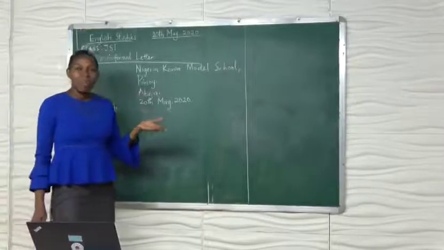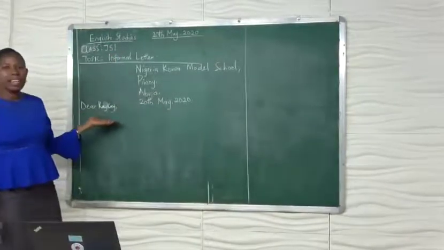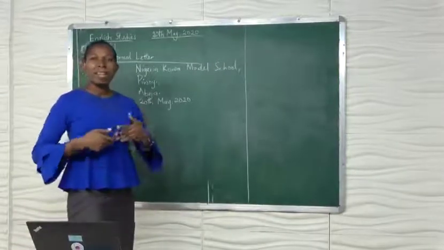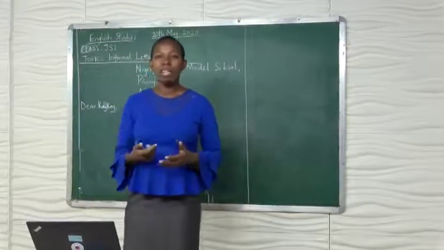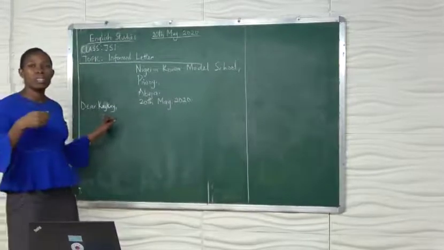Salutation of an informal letter sounds informal. This is a pet name, dear KK, instead of Kola. You try to sound informal and friendly in a way that shows that the person is a familiar person to you.